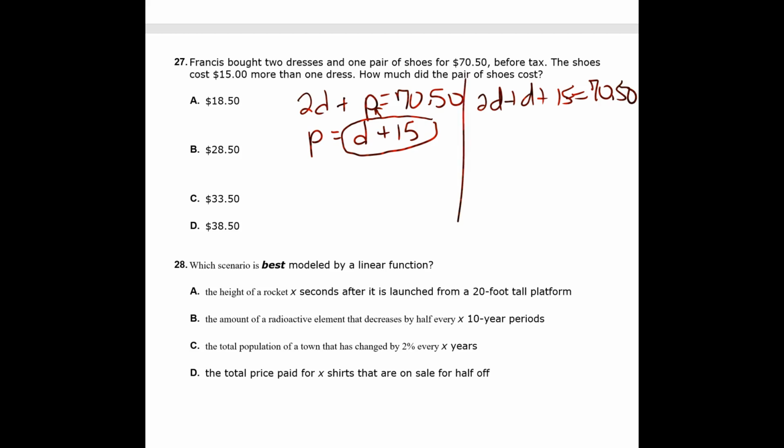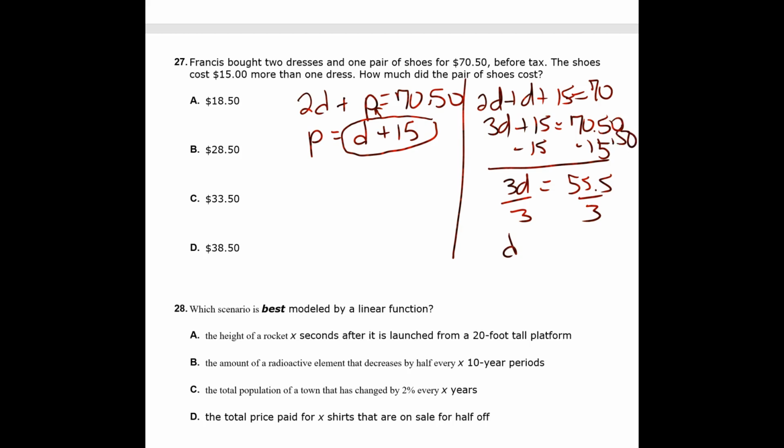So we get 3D plus 15 is equal to 70.50. Subtract 15, subtract 15. All right, and we get 3D is equal to 70.50 minus 15, 55.50, and then divide by 3.